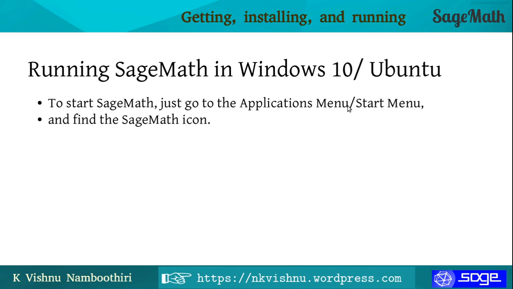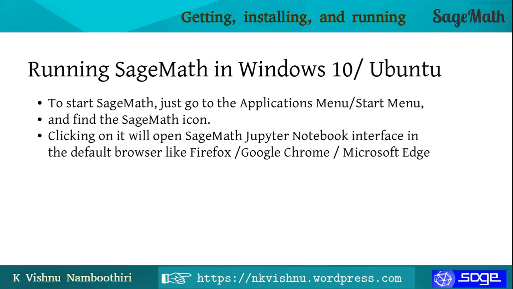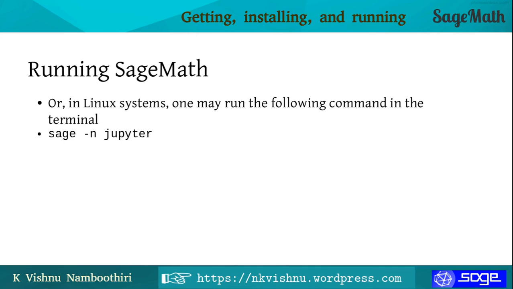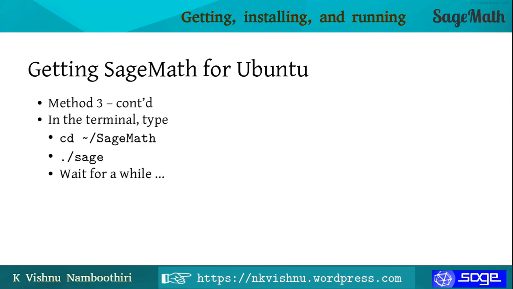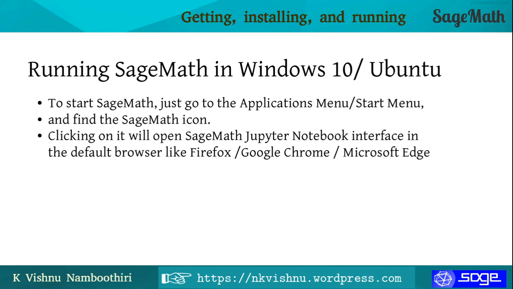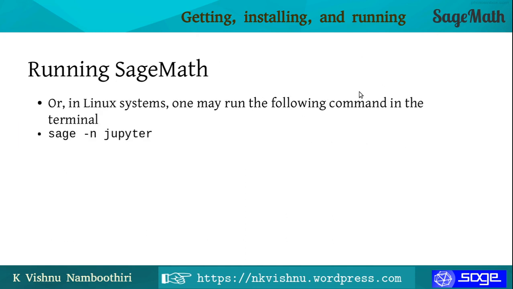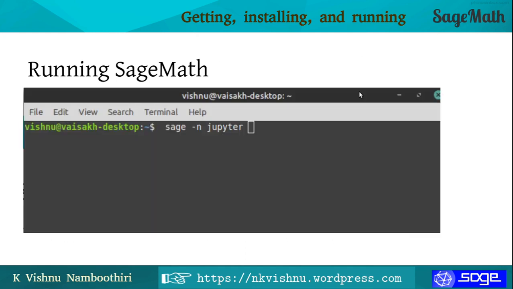But if you have used method 3, then we have to use the terminal command sage -n jupyter. Otherwise we can straight away go to the Applications menu and click on the SageMath icon, and the SageMath Jupyter Notebook will open in Firefox or Google Chrome depending upon your browser. This is the command that we have to type.